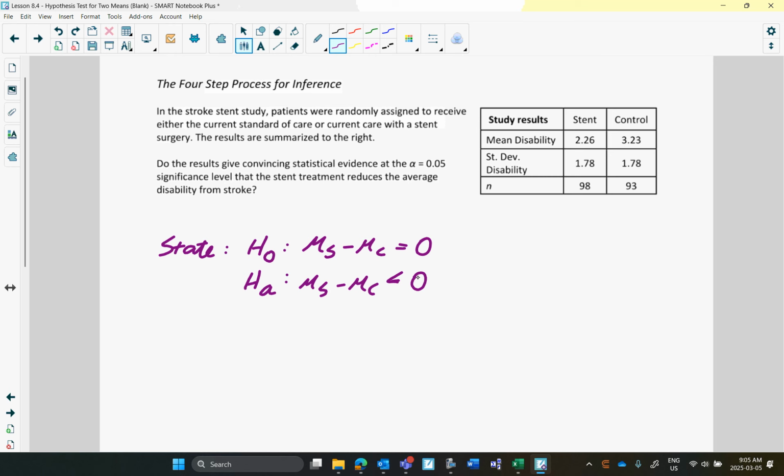And then remember, we have to define these just like we did here. It's the true mean disability score for the stent group, and the true mean disability score for the control group.